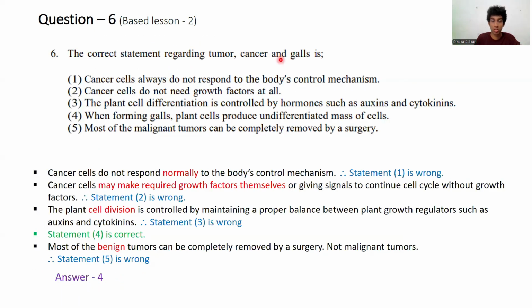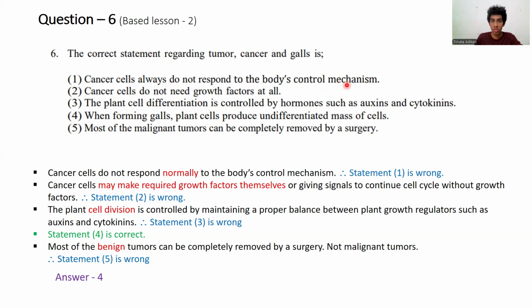Question number 6. It is based on lesson 2. The correct statement regarding tumor, cancer, and galls is... 1. Cancer cells always do not respond to the body's control mechanism. Statement 1 is false because cancer cells do not respond normally to the body's control mechanism. 2.